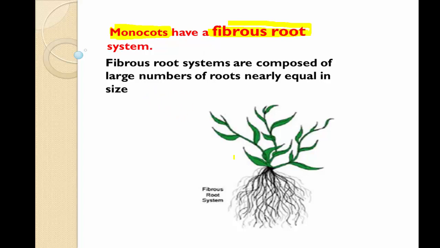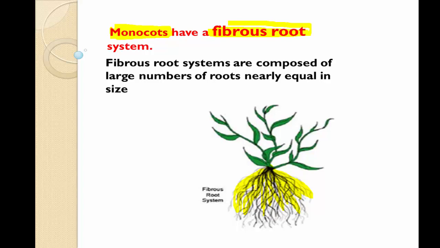Then what is the difference? If you compare this particular image with that of taproot, you can easily identify the difference between taproot system and fibrous root system. What is the condition here?